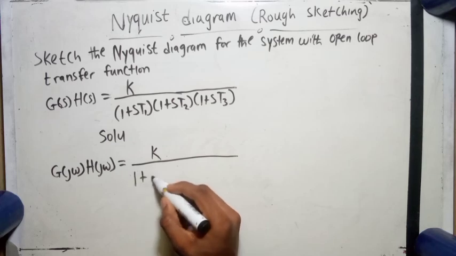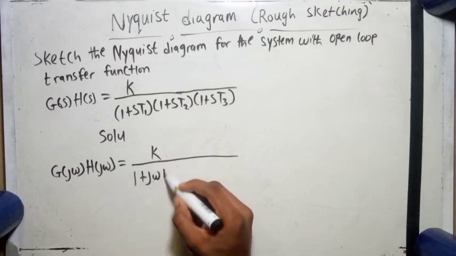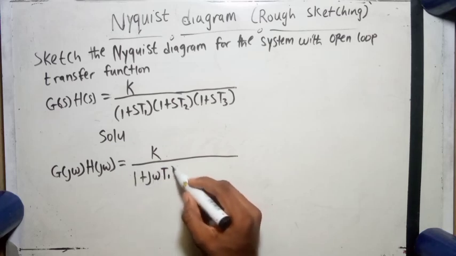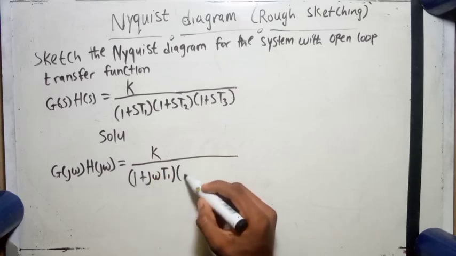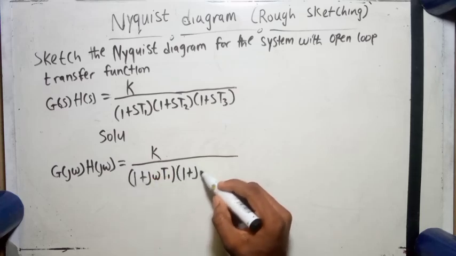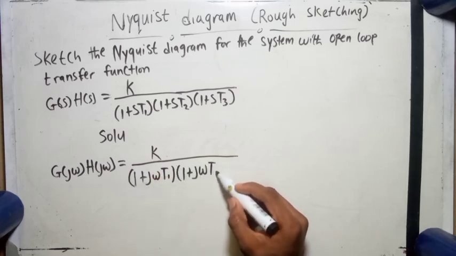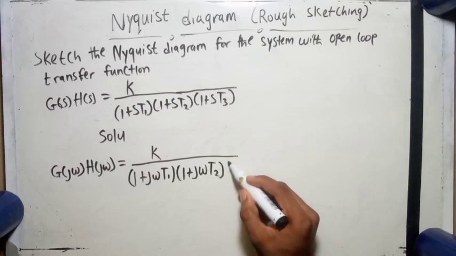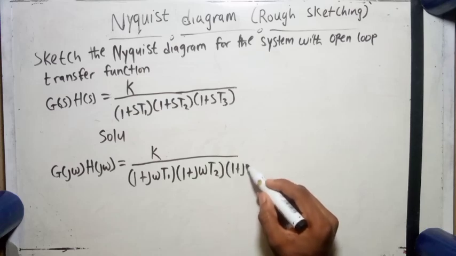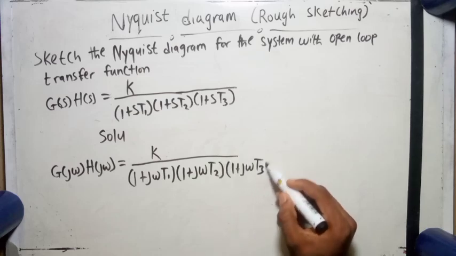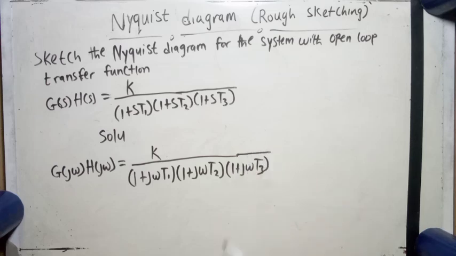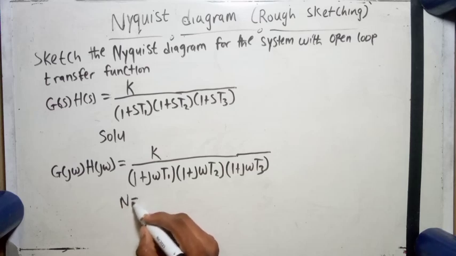So 1 plus JW C1, you close the brackets. 1 plus JW C2, you close the brackets. And 1 plus JW C3, close the brackets.